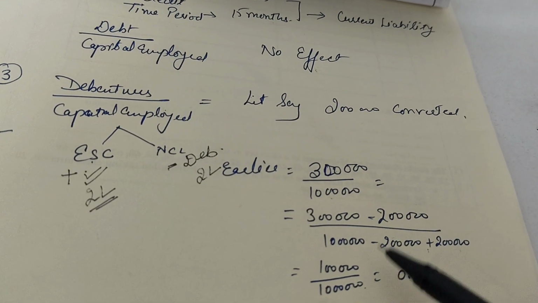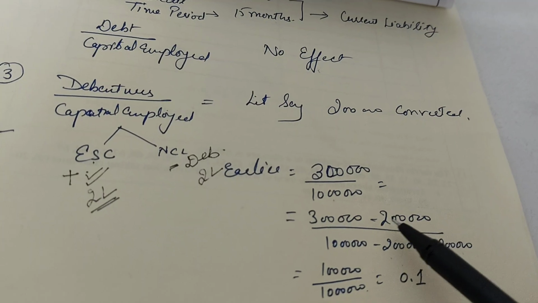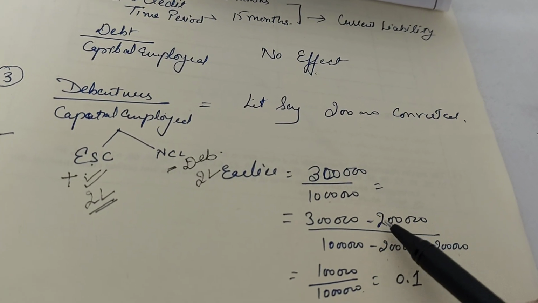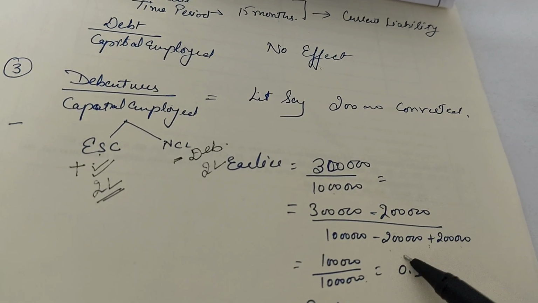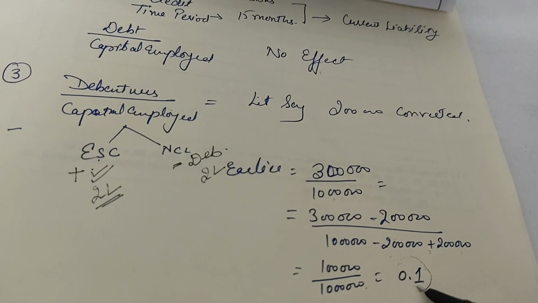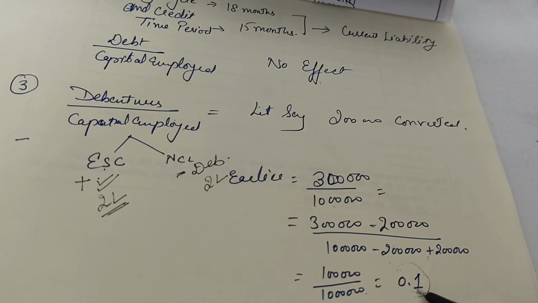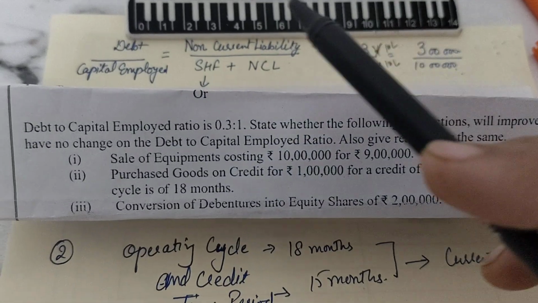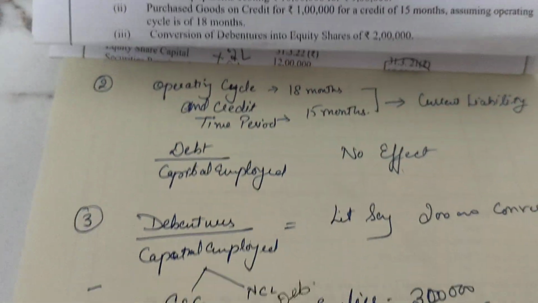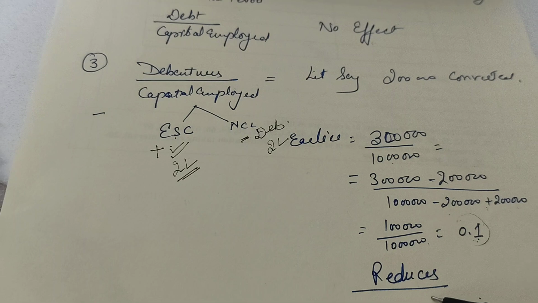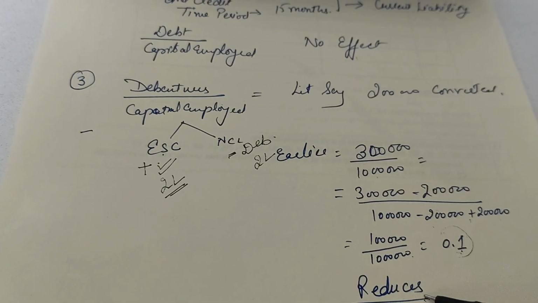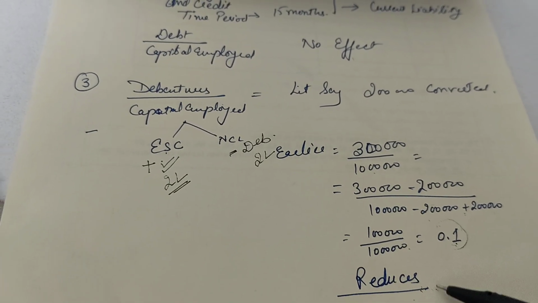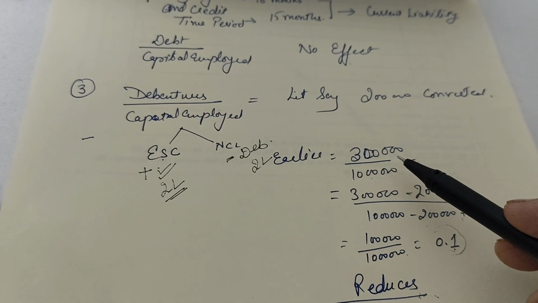What changes is only your numerator, because your debt is reduced by 2 lakh. So the ratio will now become 0.1, from the given ratio of 0.3. It means your ratio is reducing here. So the answer to the third point is that the ratio will decline with the given conversion of debt into equity.